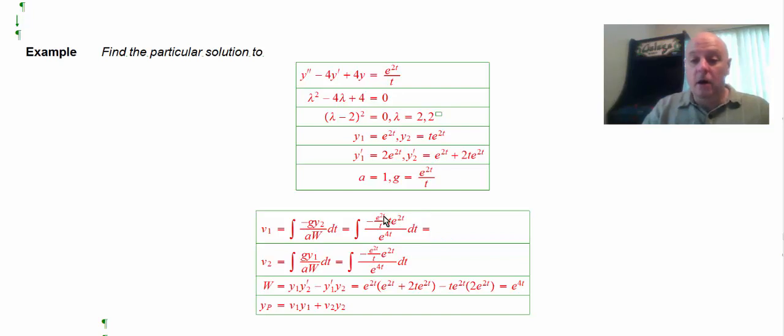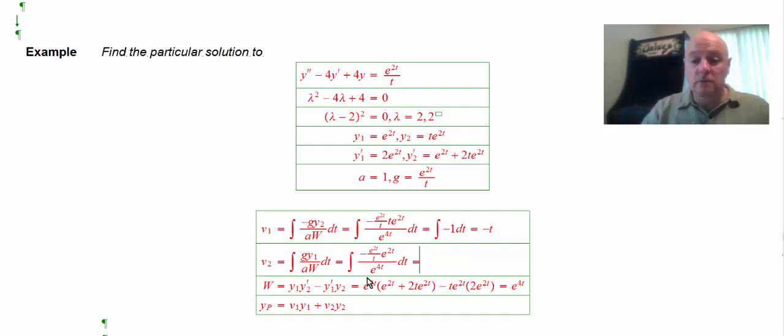But let's take a look. On the top, the t's cancel, and I get an e to the 4t divided by e to the 4t, this with a minus sign. The v1 just simplifies to integrating minus 1 with respect to t, so that's just minus t.